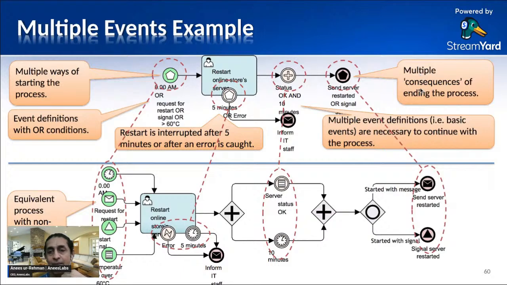like multiple consequences of ending the process. I mean, if you are terminating a process, what kind of consequences can it have? It can create the closure of the account, or a money laundering activity, and you may have to trigger the authorities.